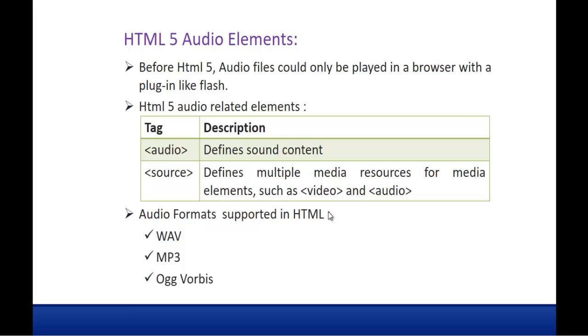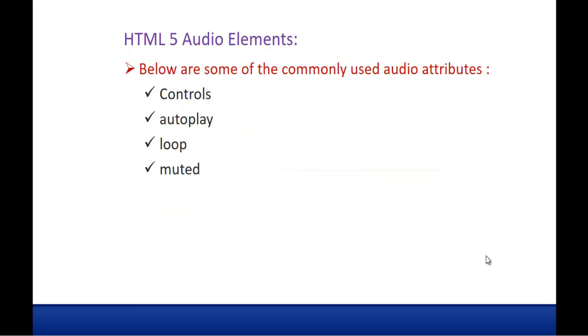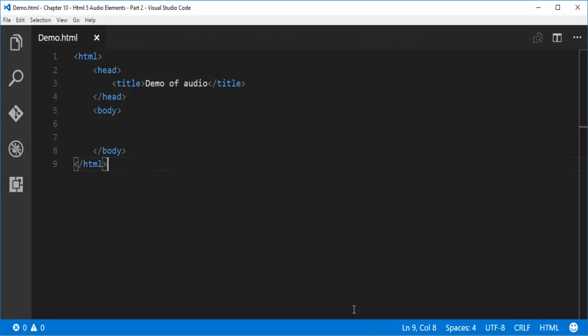Now without wasting much time, let me jump into Visual Studio and show you how to add audio or MP3 in your web page. It's very simple. So here is my web page. The first thing I need to do is take the audio tag. It's giving us the source.